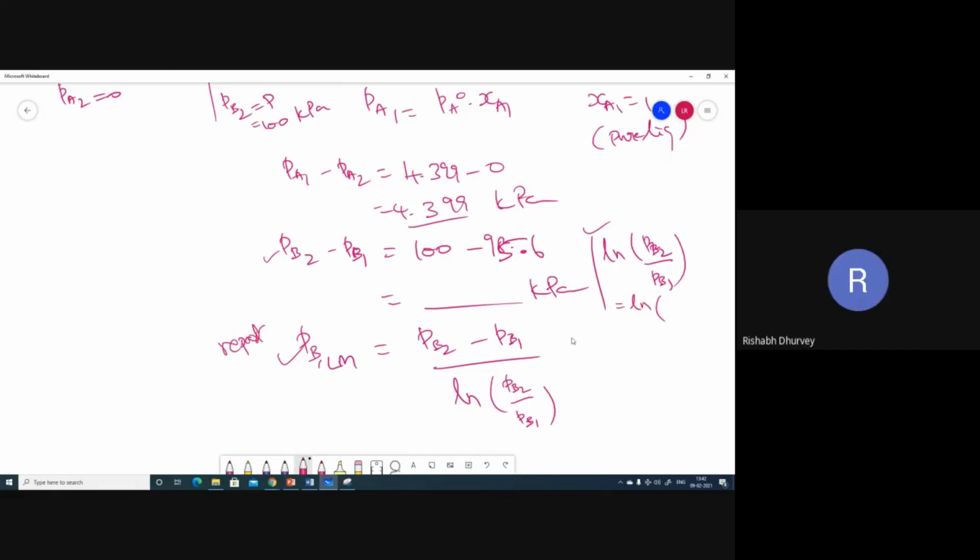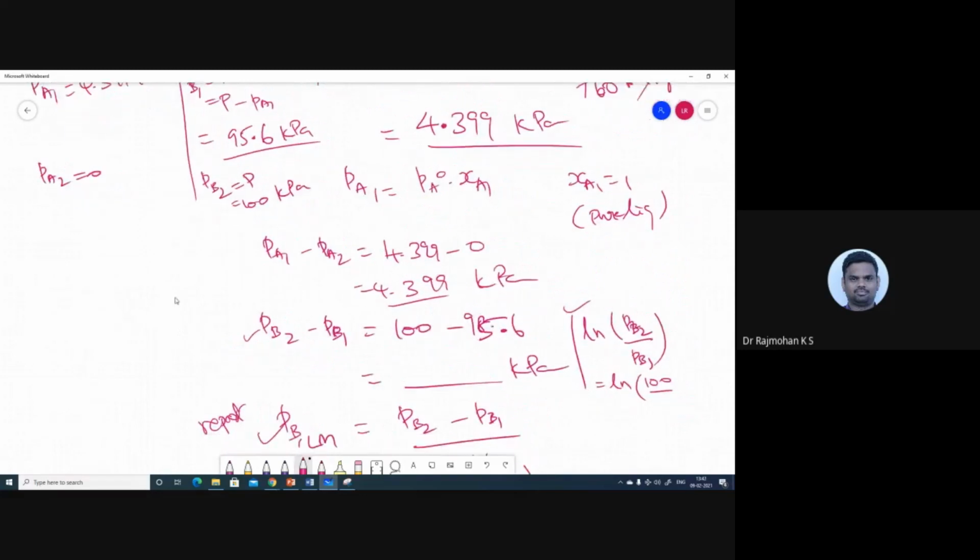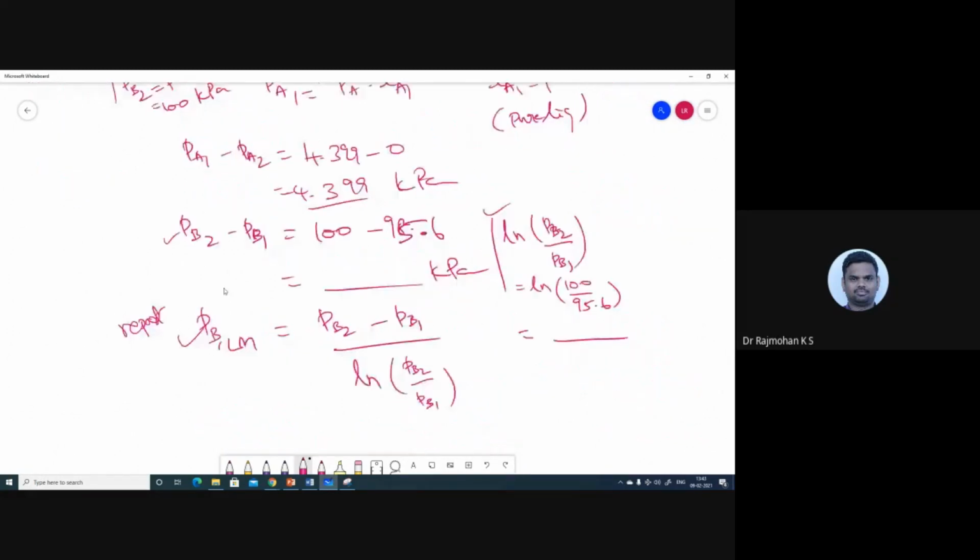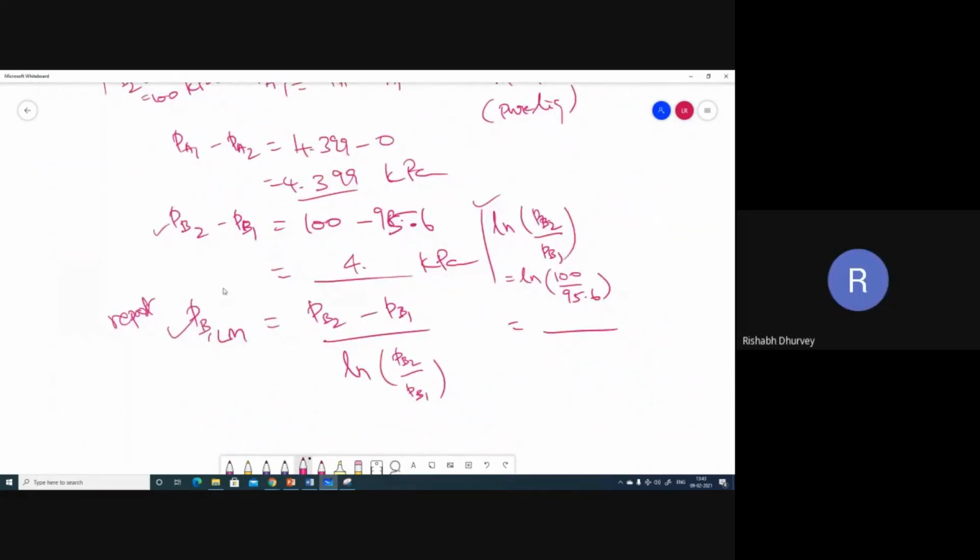Yes, sir. What is ln PB2 by PB1? PB2 is 100, PB1 is 95.6. How much is ln of PB2 by PB1? 0.044. How much is PB logarithmic mean?